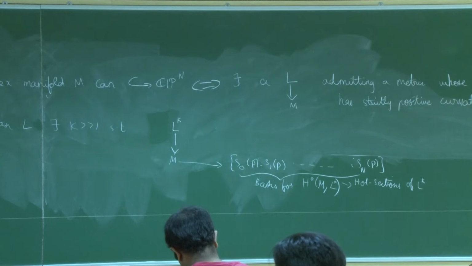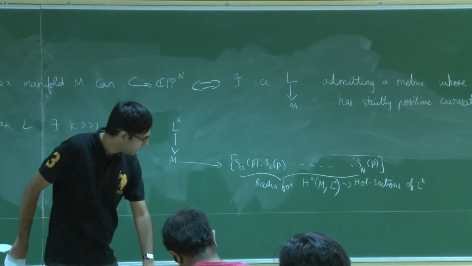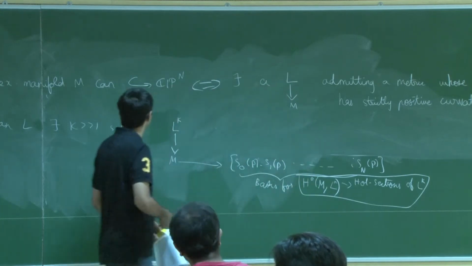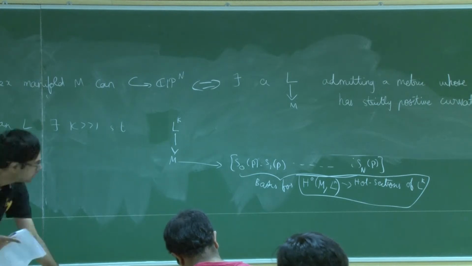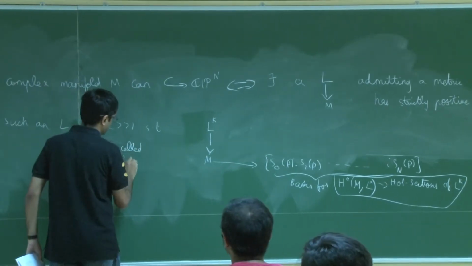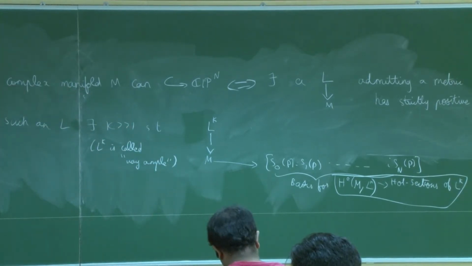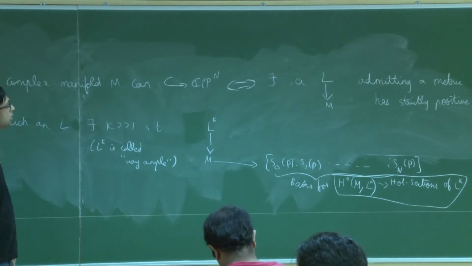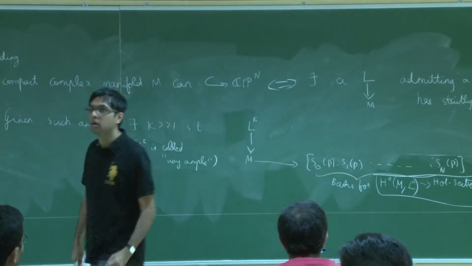Why am I using that weird piece of notation? If you learn sheaf cohomology, you will know, but we won't do it. It's just some fancy notation. So this is saying that L raised to K is called very ample. If you have an ample bundle, namely one that has a metric whose curvature is positive, then a large power of it can be used to produce the Kodaira embedding.